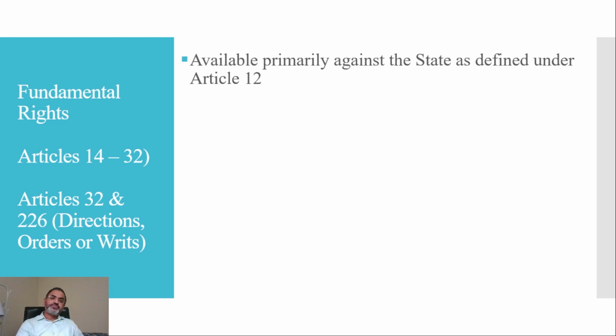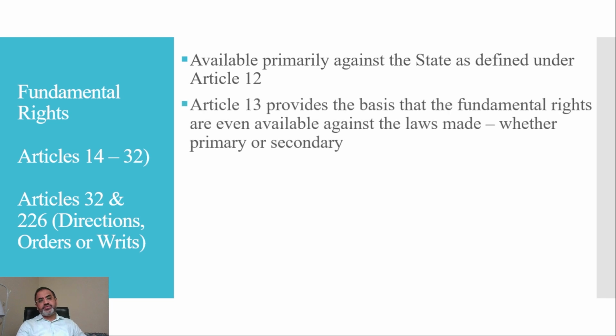Now coming to other aspects of fundamental rights, Article 13. Now this is a very, very important provision. It provides the basis of fundamental rights against the laws made, because it says that no law can be made which is contrary to fundamental right.